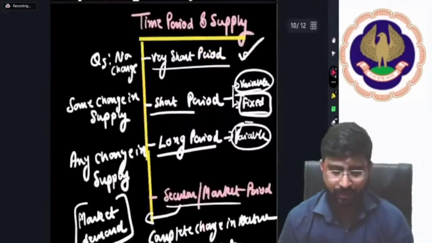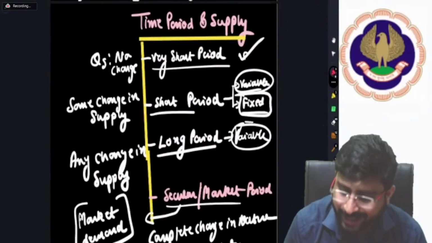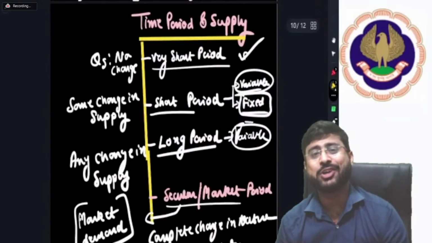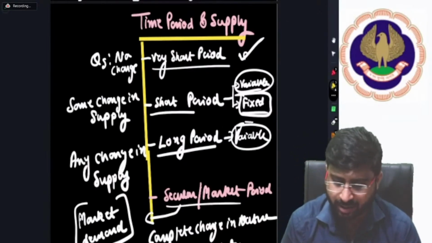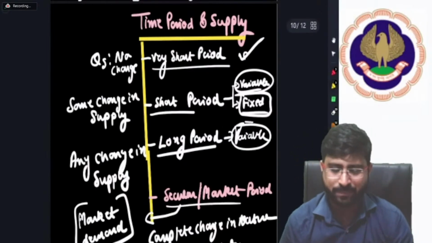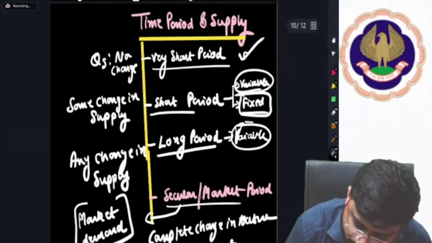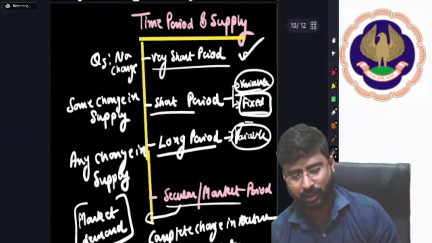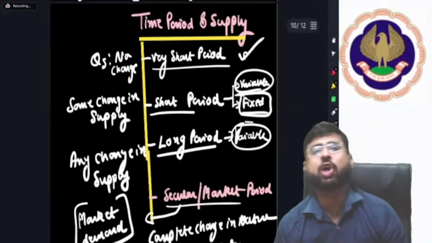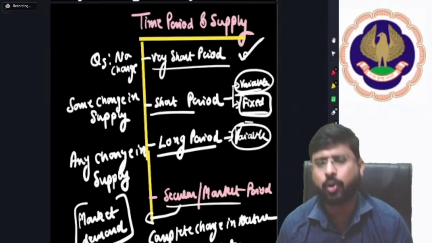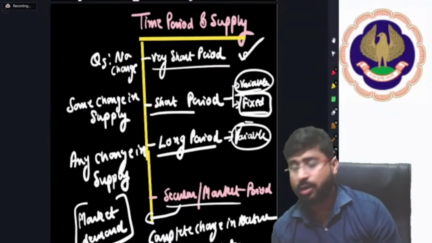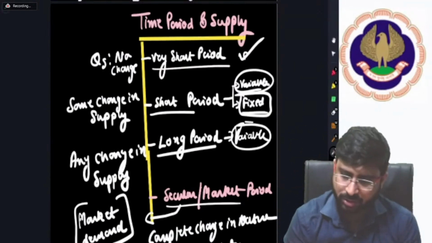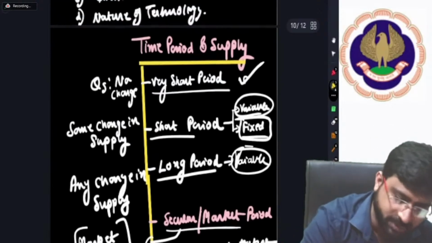Now, my dear friends, we talk about time period and supply. Pay attention. There are 4 types of time periods if we talk about supply. Number 1, very short period. It is so small that you cannot change the quantity in this small time period. Suppose I am a manufacturer of chips.